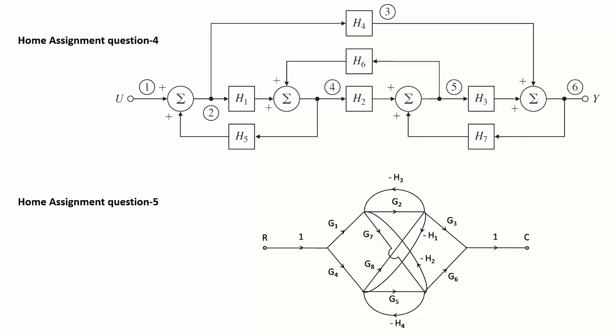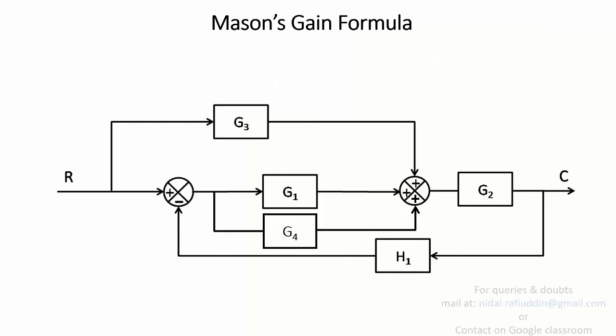Now, about the question that I gave you in block diagram reduction, if I correctly remember, there was a bonus mark assigned, but I didn't receive any answer from your side. None of you answered this question. Now I suggest that you try to solve this question using a signal flow graph, applying Mason's gain formula.